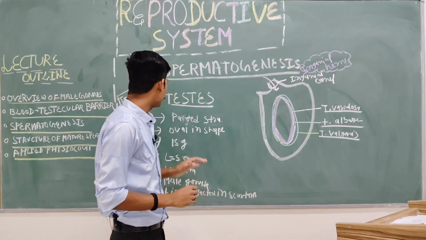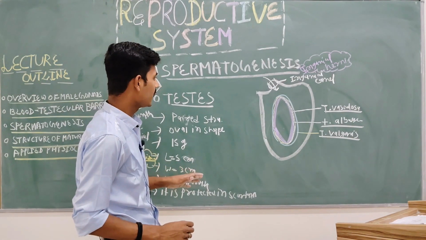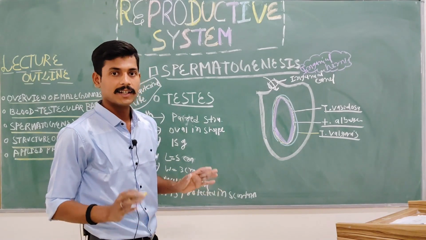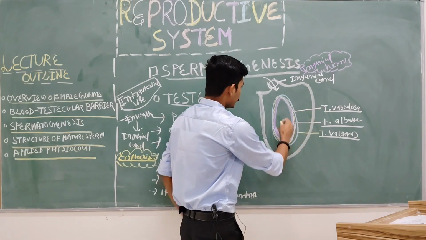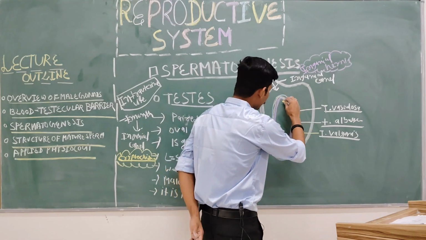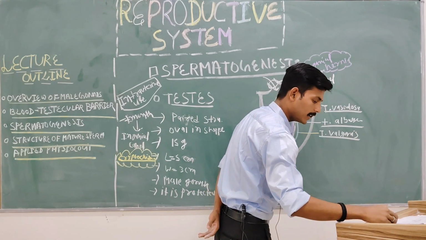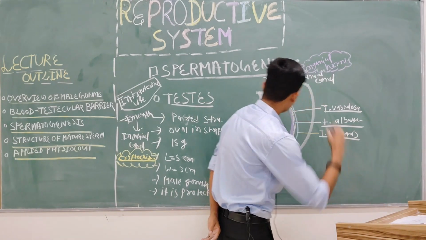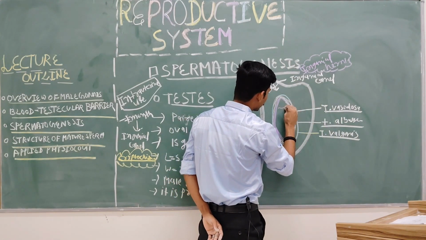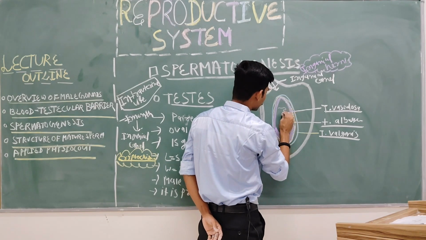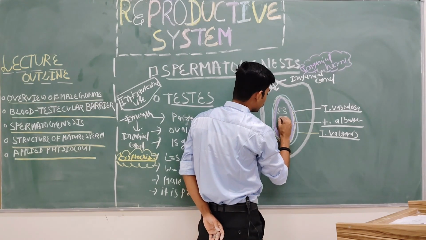So we are discussing our first topic, the overview of the male gonads, and here the male gonad is the testis. Understood? No problem. Now this testis has a very important structure. Can you name it?